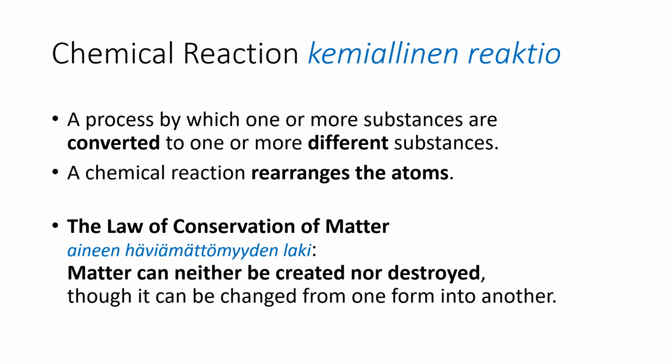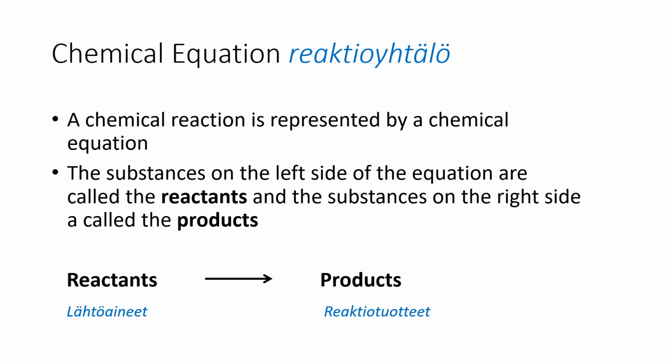In a chemical reaction, matter is neither created nor destroyed. There must be the same number and kind of atoms after the chemical reaction as were present before the reaction. The reaction equation describes the initial and final state of the reaction.